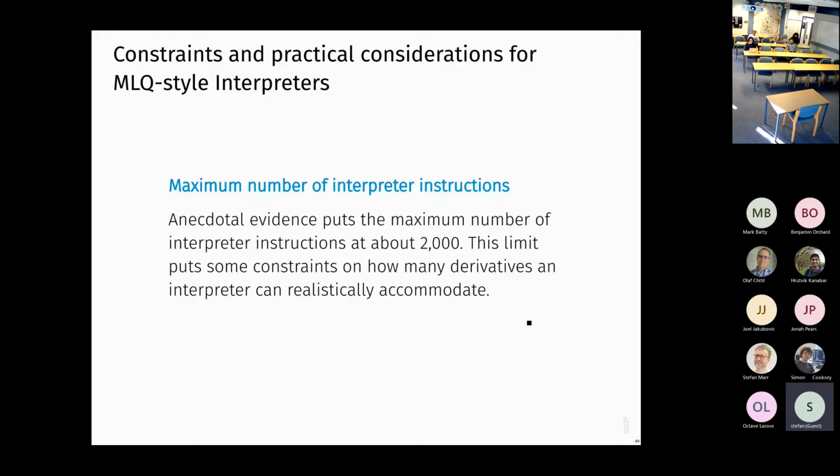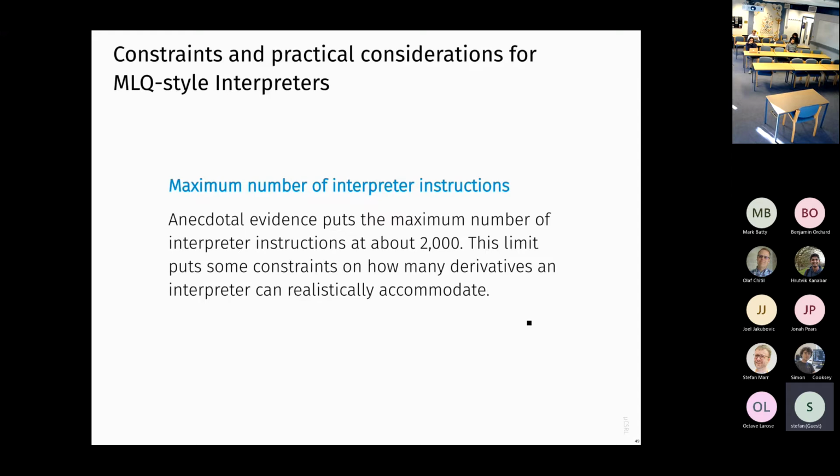I didn't ask the person who relayed this information to me to cite his name publicly, but I know a person who tried to build an interpreter with 2,000 instructions, with 2,000 case statements, and at least for GCC version 2.5x or so, that just crashed in their compiler.